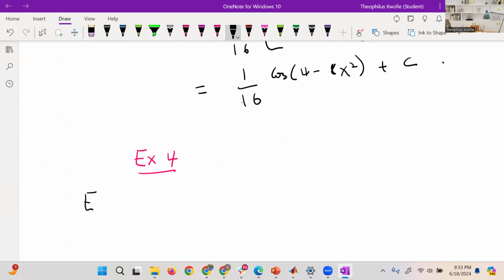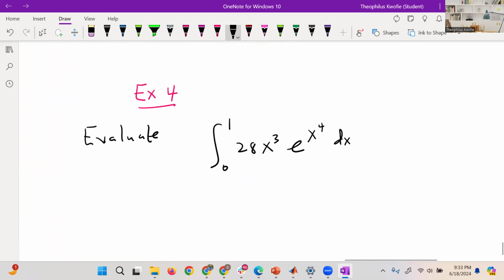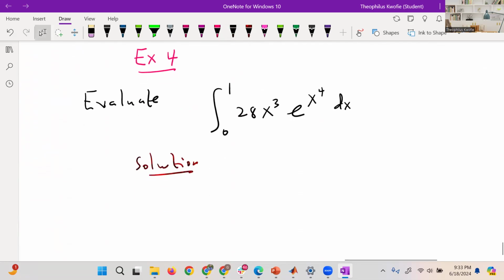So how do we evaluate this definite integral? How do we do that?